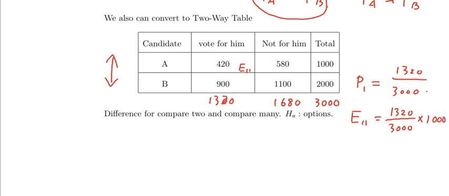So we can find those expected values. Then we can use the two-way table, find the chi-square value, then determine this.